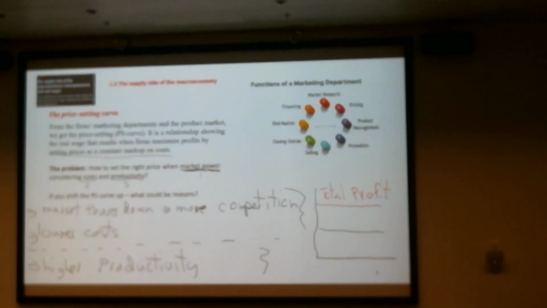We shift the total profit curve together with the PS curve. That is if the topic is higher productivity. So this is the PS curve, and then we add it together when we look at the model as a total.